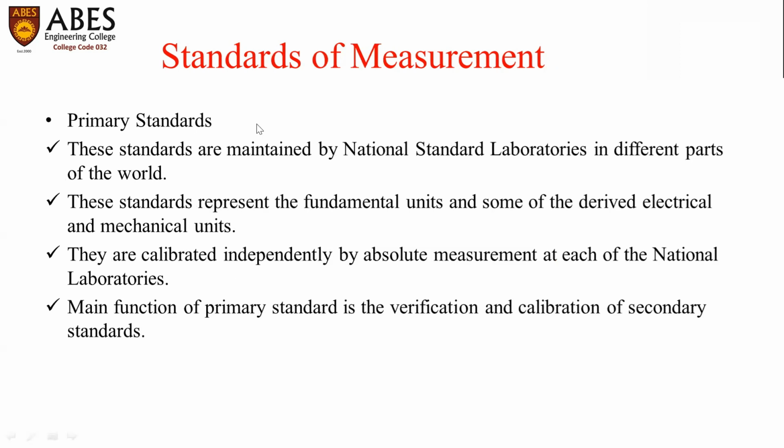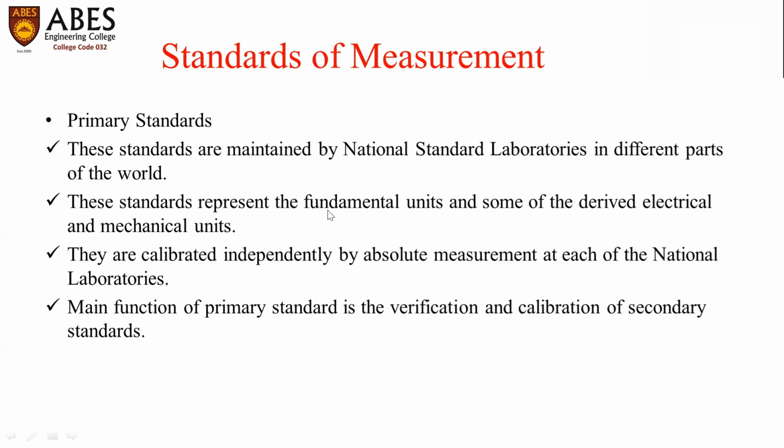Now let's see the primary standards. These standards are maintained by national standard laboratories in different parts of the world. That means national laboratories maintain these standards with the help of some absolute type of instruments which are used for the measurement purpose, and these standards are measured with the help of those instruments.